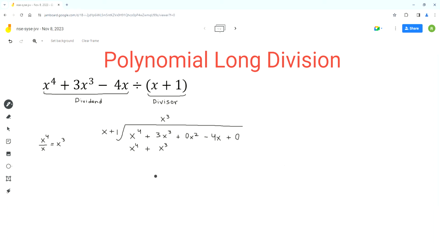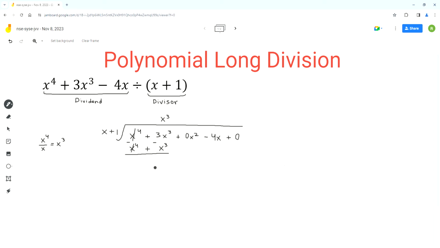There is a very important concept you need to understand and memorize in terms of identifying the quotient terms and then multiplying that quotient term with the divisor. Now we can subtract these terms. The x to the power 4 terms cancel each other out.